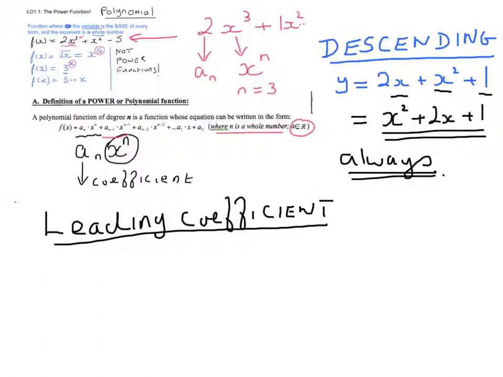Now let's come back to leading coefficient. If your polynomial is written in descending order, the leading coefficient, usually called a, or denoted a, is the coefficient of the first term, or the term with the highest power.